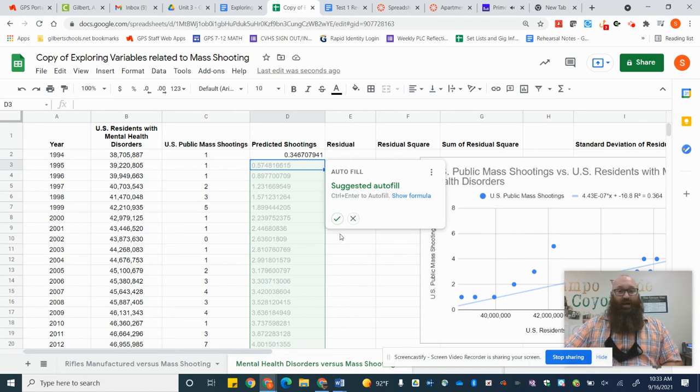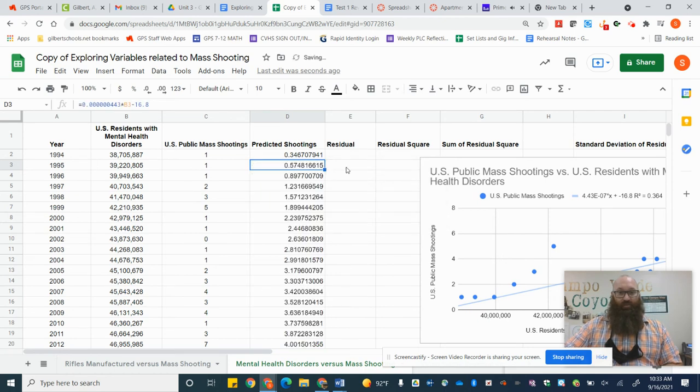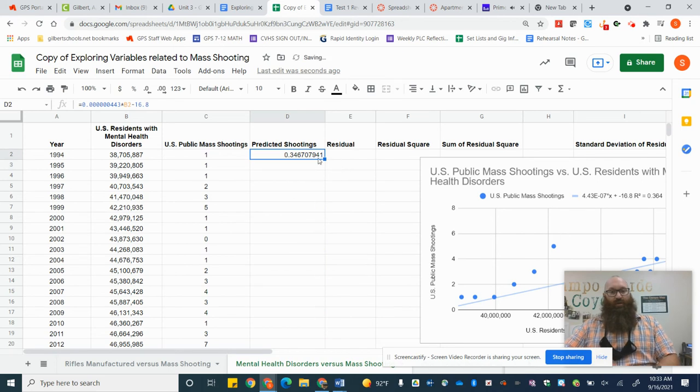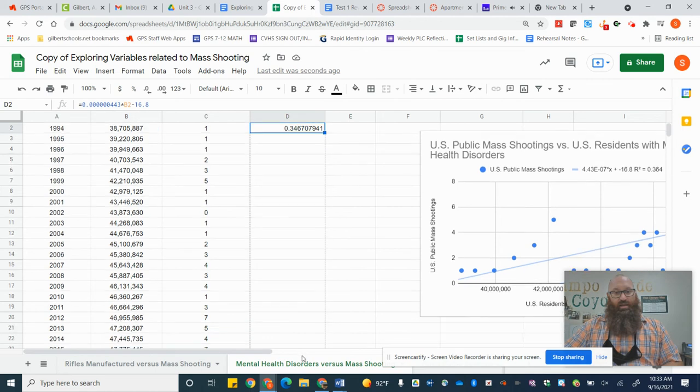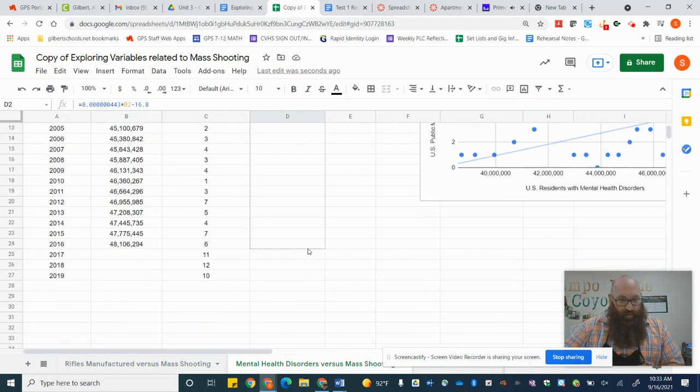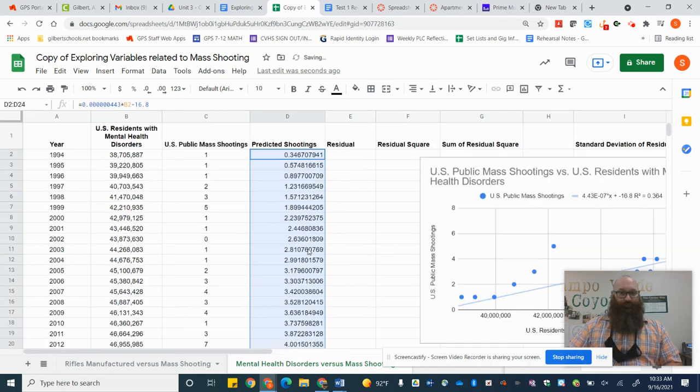Now, you can either hit the autofill, clicking the check mark here and it'll autofill those formulas down, or the other option is if you click on the box just once, you'll see this blue handle. If you hover over that, your cursor turns into a little crosshair. You can click, hold, and drag that down, and this is going to pull that formula down through each of these cells.